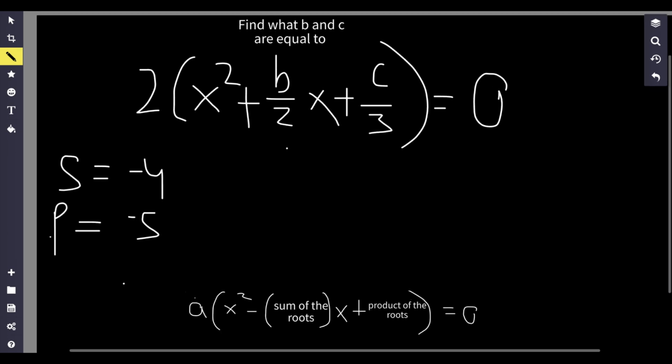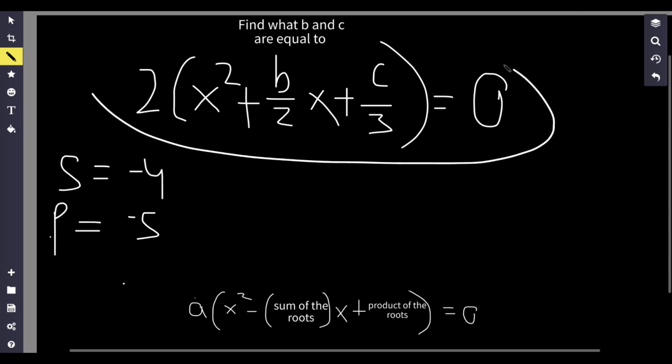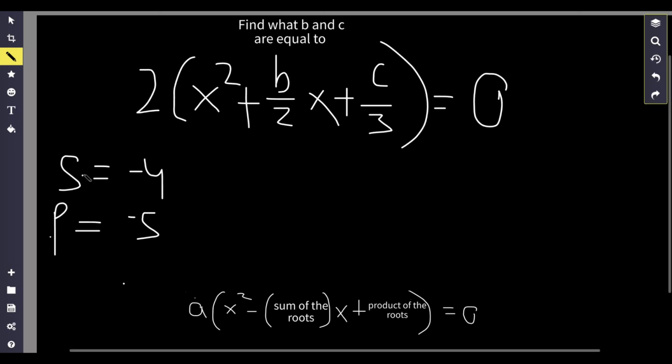Okay, so given that we have this equation, and we're given that the sum of the roots is equal to negative 4, and the product of our roots is equal to negative 5, find out what b and c are equal to in this equation.